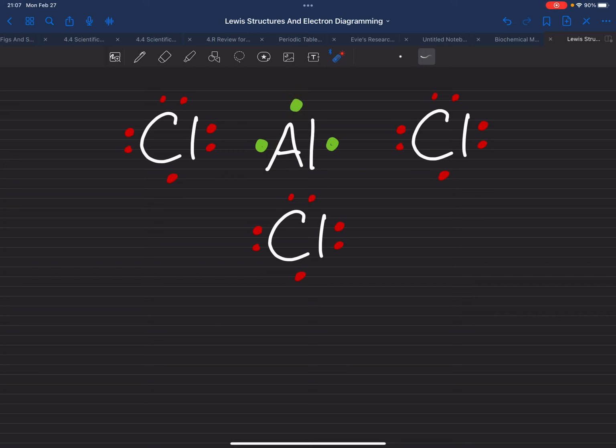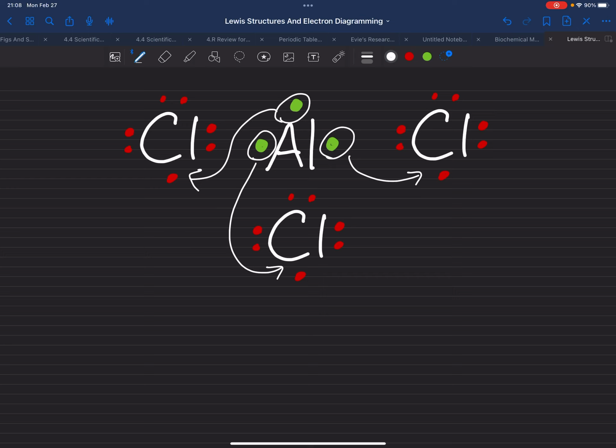All right, so here's what it's going to look like in diagram form, like this. That's what it's going to look like in diagram form. This would be our before drawing, right?